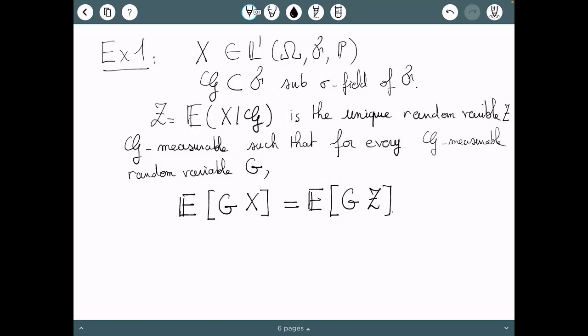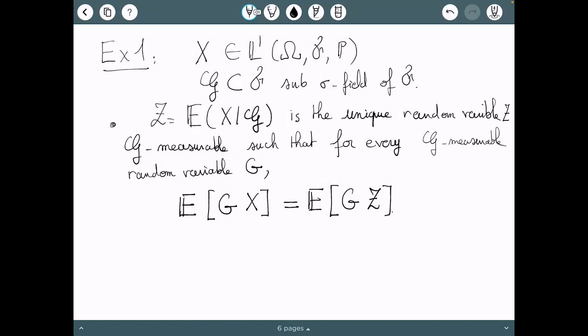In this case, you cannot write an explicit formula as you proposed in the discrete case. So it is an existence theorem. Of course, an existence theorem is always a bit theoretical and not so useful in practice, because then you want to compute things.